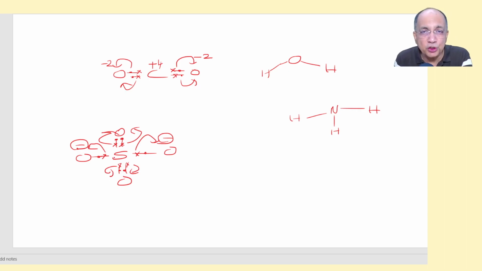So the theoretical charge that will develop on sulfur is +6. So the oxidation number of sulfur is +6.